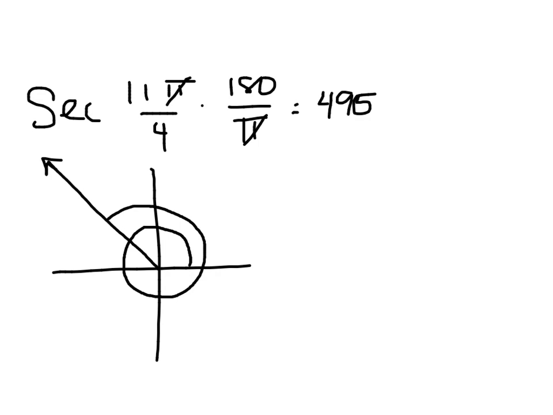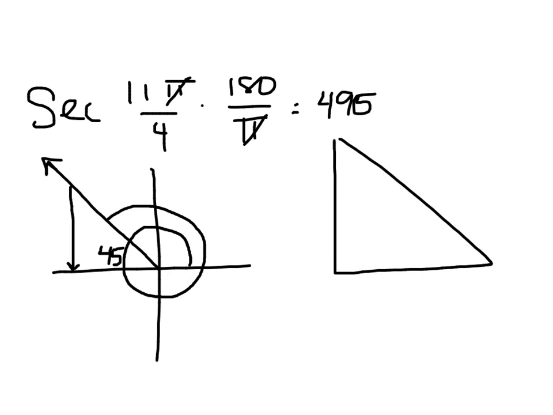Looks like quadrant 2 is going to be our friend today. My reference angle, if I take 540 minus 495, I get 45. So we're looking for a 45, 45, 90. There's my triangle, and in a 45, 45, 90, these are 1, and this is root 2.